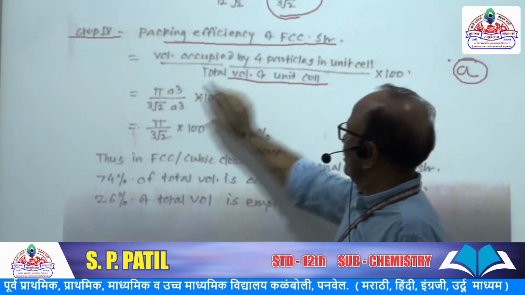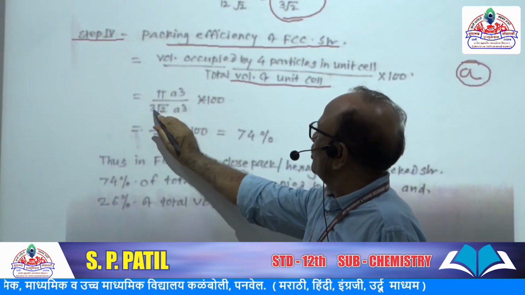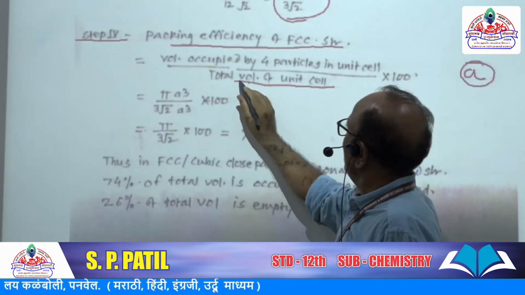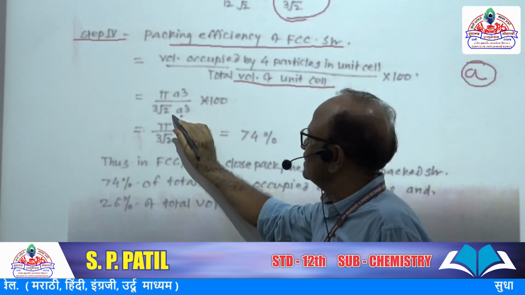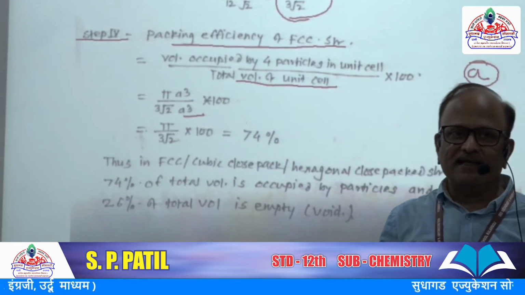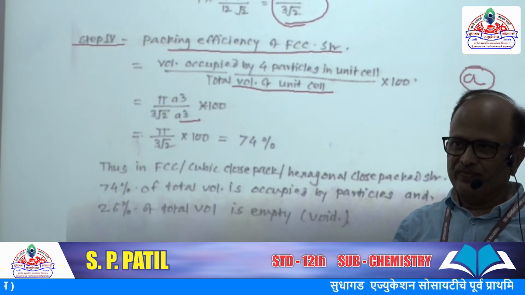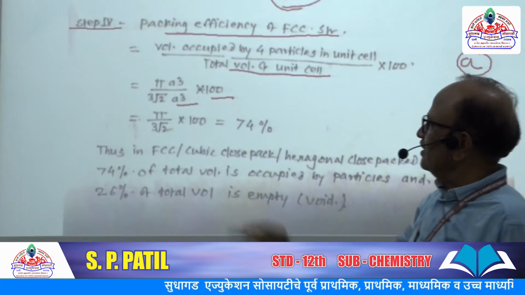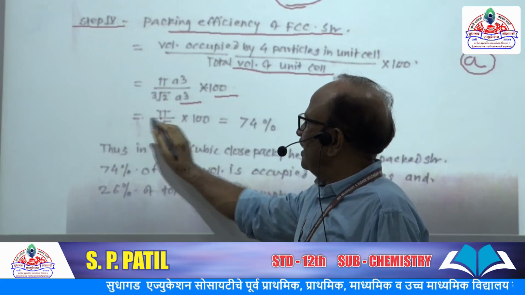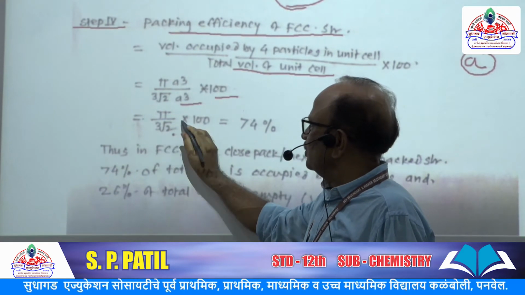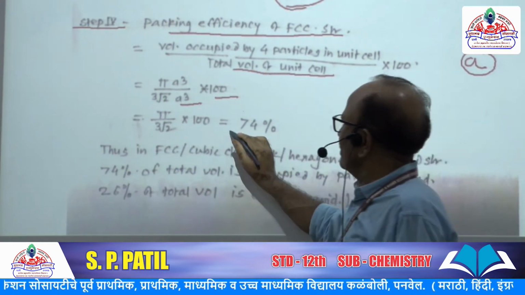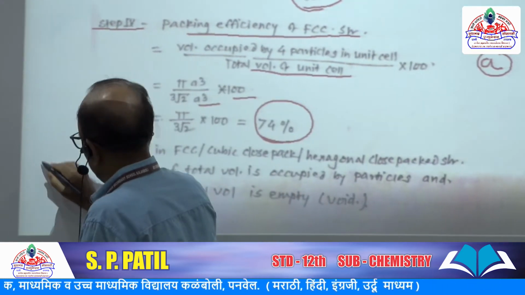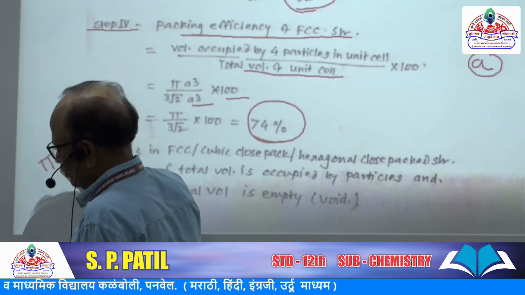Now putting the values, pi a cube upon 3 root 2 divided by the total volume of the unit cell, that is a cube, into 100. Simplifying pi upon 3 root 2 into 100, it comes 74%.